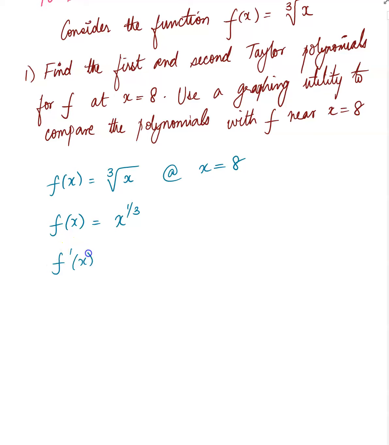f prime of x is 1 over 3 x to the power negative 2 over 3. Then f double prime of x is negative 2 over 9, and that minus 1 will be negative 5 over 3, x to the power negative 5 over 3. We'll go one more because we don't know if we need it.